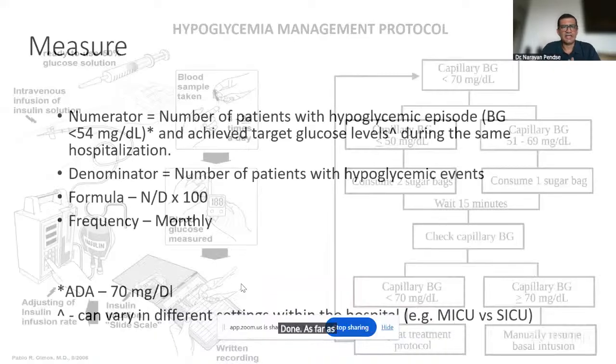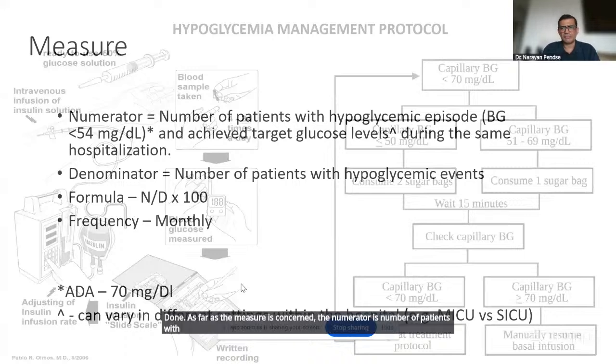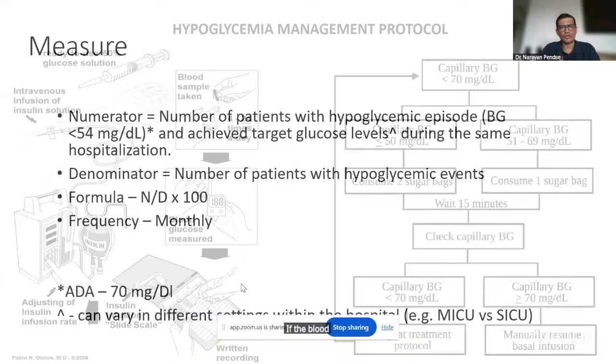As far as the measure is concerned, the numerator is number of patients with hypoglycemic episode, that is blood glucose less than 54, and who achieve the target glucose during the same hospitalization. Now, you would be wondering, 2 slides back, I was telling you 70 milligram per deciliter. If the blood glucose goes below this, it is considered hypoglycemia.